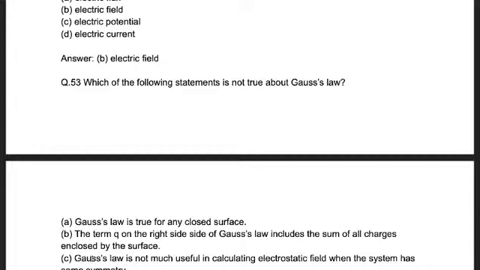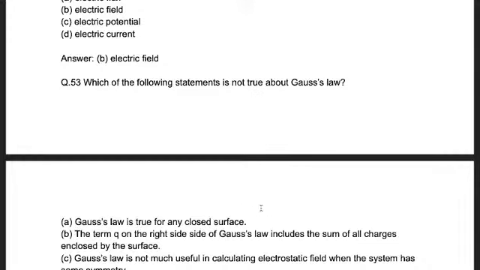C. Gauss law is not much useful in calculating electrostatic field when the system has some symmetry. D. Gauss law is based on the inverse square dependence on the distance contained in the Coulomb's law. Here the question is, which of the following statements is not true about Gauss law?